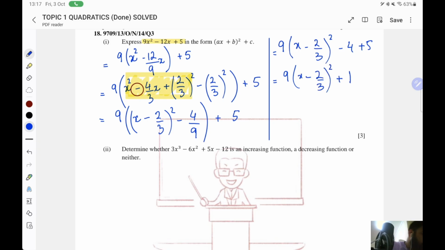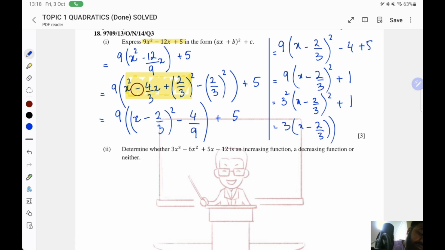But if you look at the answer, still the answer does not match the way he is asking you to write. So in order to write it the same way, 9 is basically 3 square. So x minus 2 by 3 whole square plus 1.